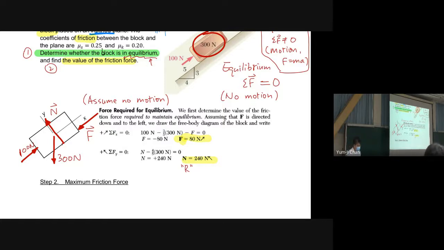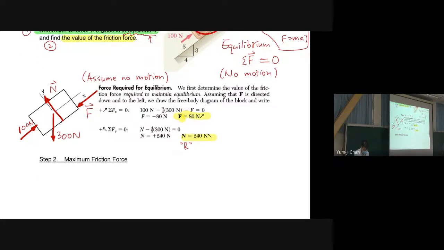Now, for the second step, we calculate the maximum friction force, which is mu s times R. This is the next step of our SOP.